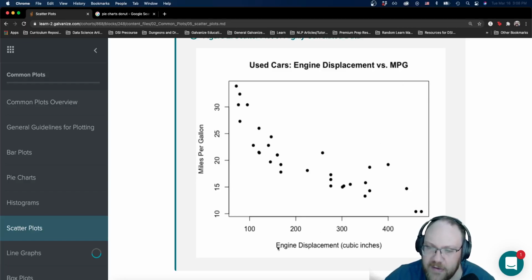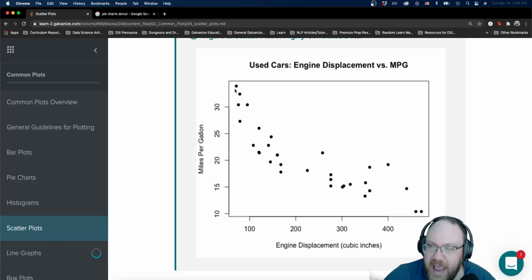And again, my sort of more independent of the two variables, my engine displacement will be on the x-axis, and my miles per gallon, just intuitively knowing how a car works, I know that's likely to be a function of my engine displacement, right? There is likely to be a correlation between these two variables in that a larger engine will use more fuel, right? And we can see that there is a pretty clear correlation here, right?